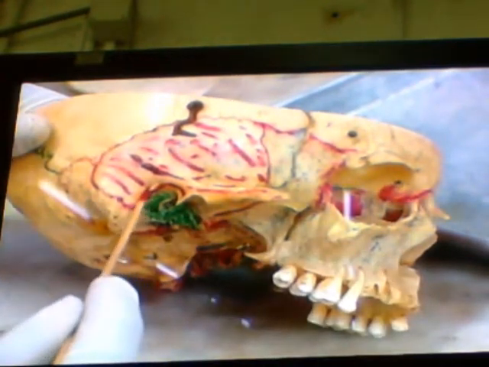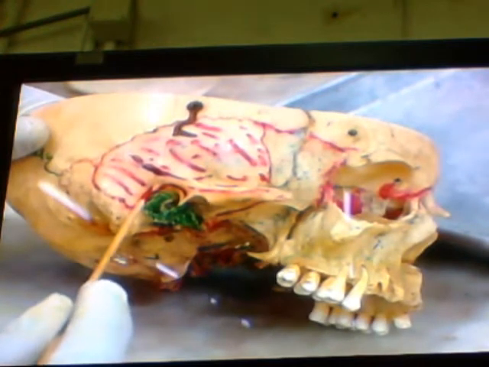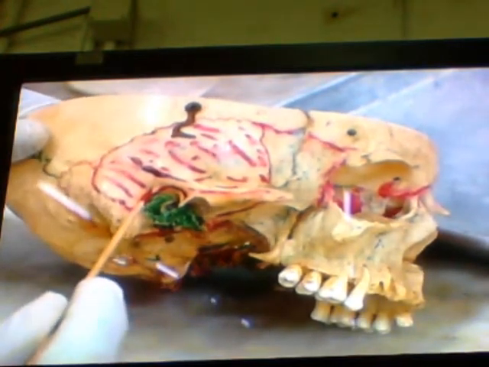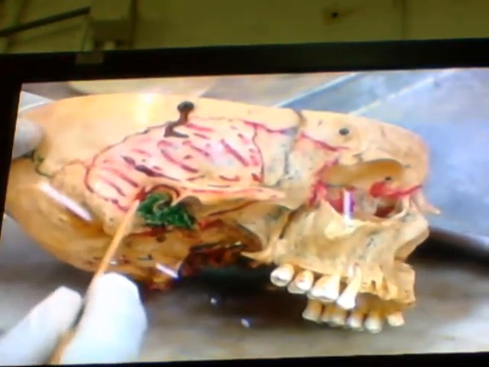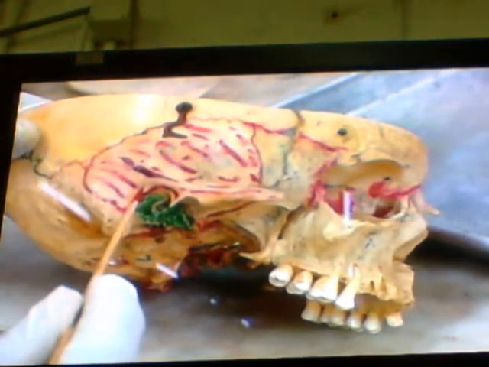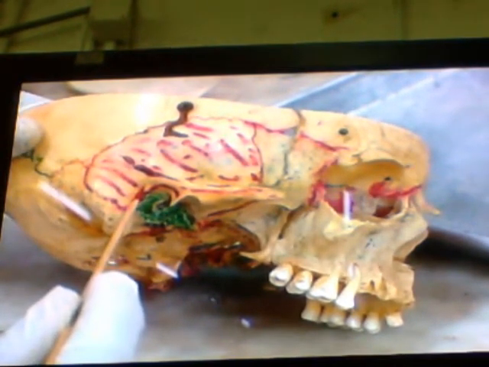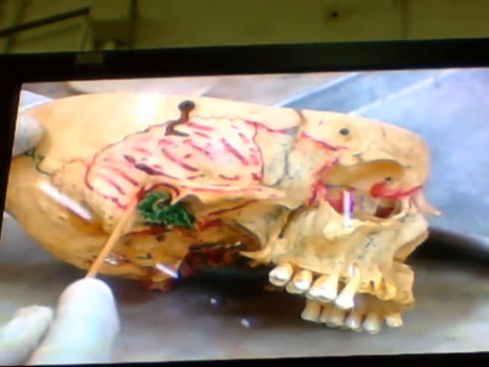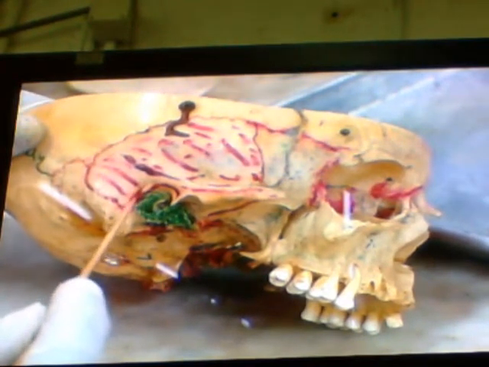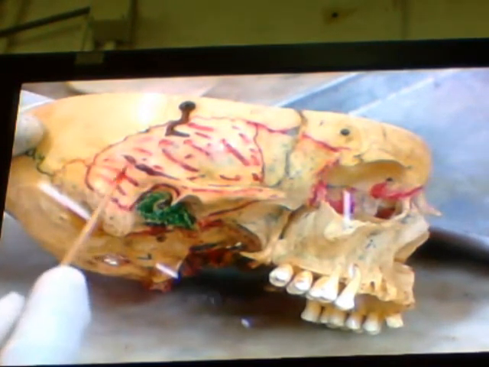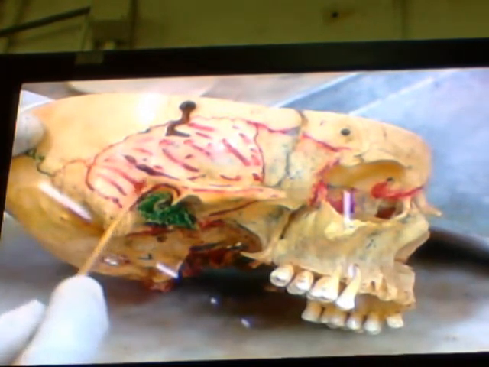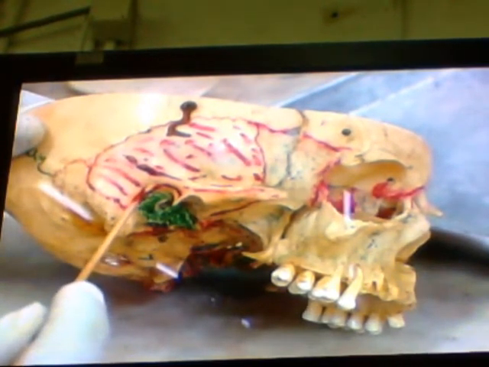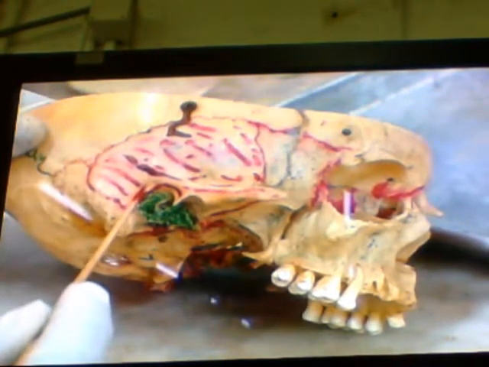So this is an extremely important landmark, McEwen's triangle. Somebody might just put an arrow pointing in that area and direct a question to see whether you know this important triangle. All right?